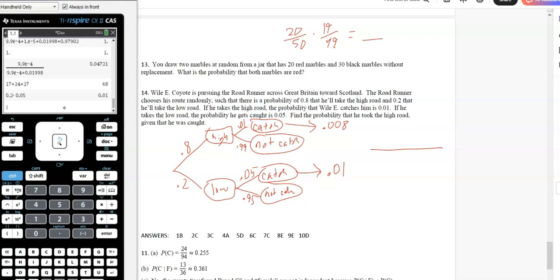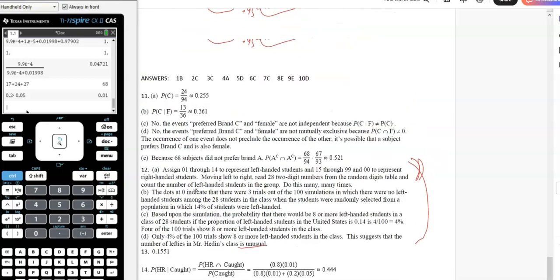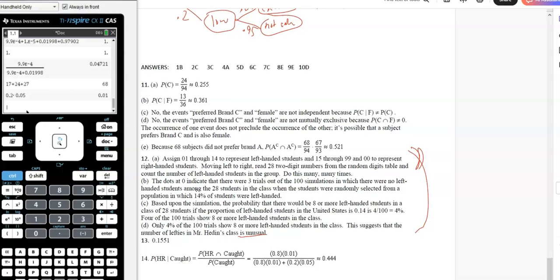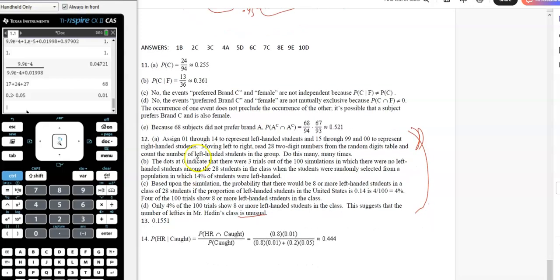So my denominator is going to be 0.01 plus 0.008. The probability he took the high road is the 0.008 in the numerator. Type that in your calculator and you get 0.444. That's your lesson for today, or your review, I guess.